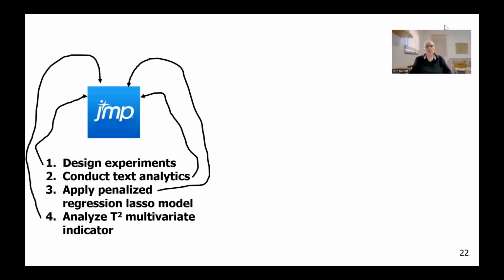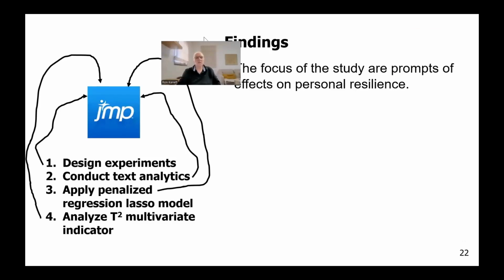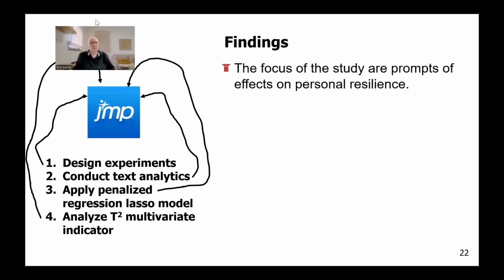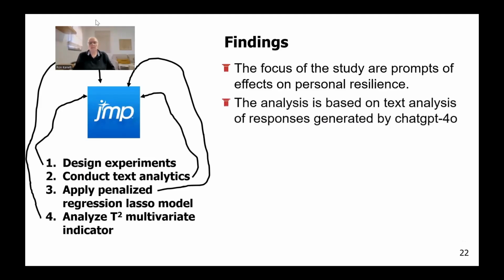The conclusions that the experts listed are here. One is they emphasize that this study was focused on personal resilience. Other studies that were conducted looked at resilience of a community and national resilience. Here we showed personal resilience, that text analytics generated by ChatGPT 4.0 responses was carried out with JMP, very easy to do.